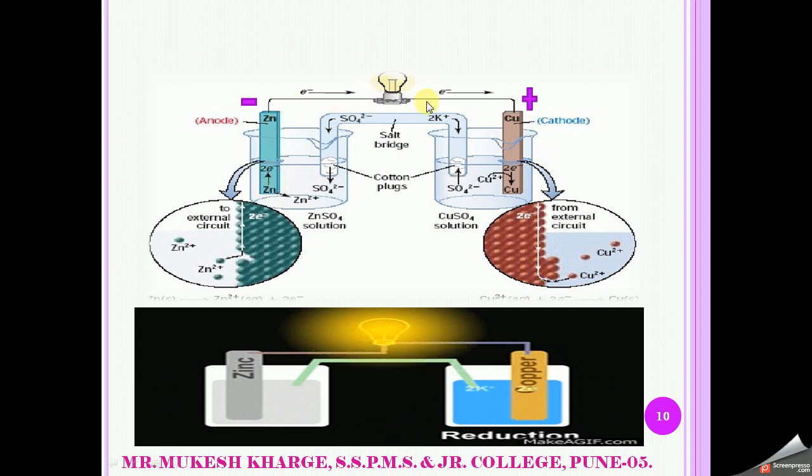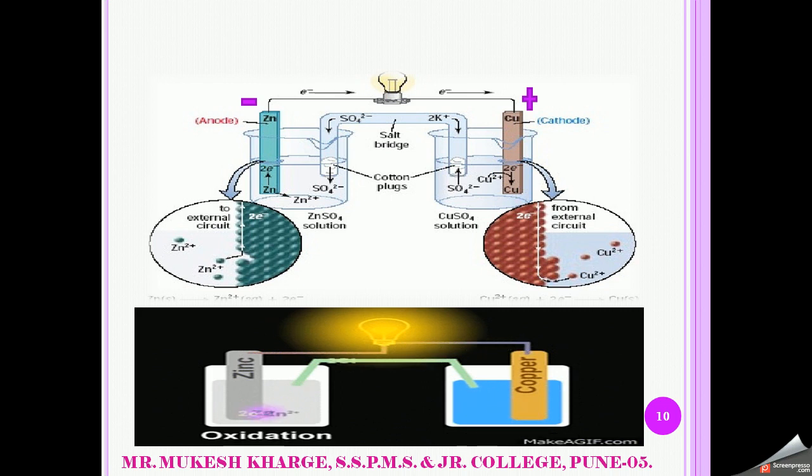These 2 electrons transfer through the external circuit to the cathode, and Cu2+ from your aqueous solution accepts these 2 electrons and gets converted to Cu. And here there is no use of an external source. When this circuit is complete, when electrons get transferred through the external circuit, we observe that the bulb can glow. You can observe it in your diagram.